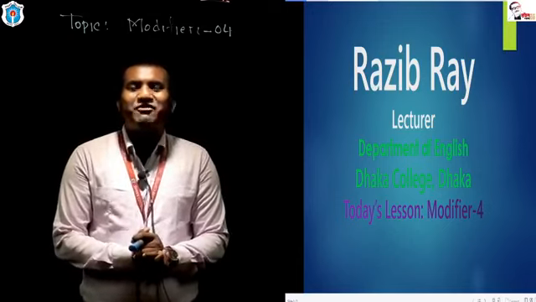Okay. From this example, a village is a modifier, and this modifier has taken its position before the modified part. Just listen to what I say. Village is such a modifier which has taken its position before the modified word. That's why I can say village is a pre-modifier. Can I say? Yes, it's a pre-modifier.